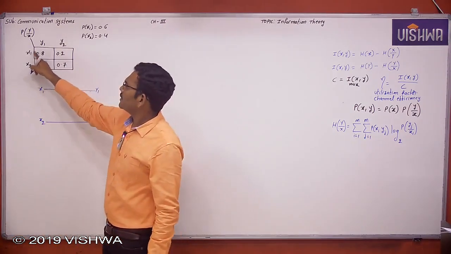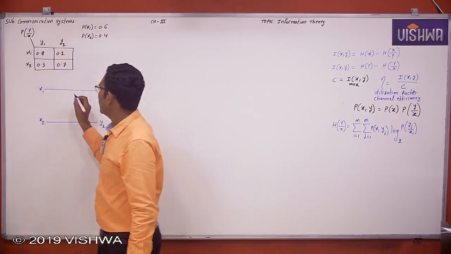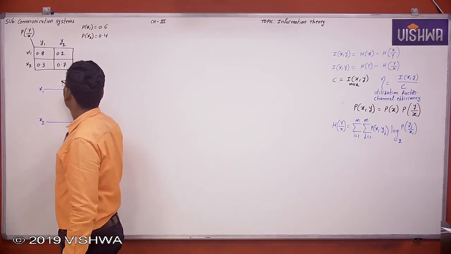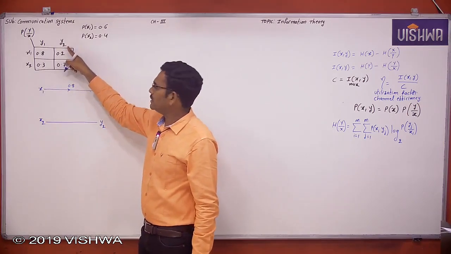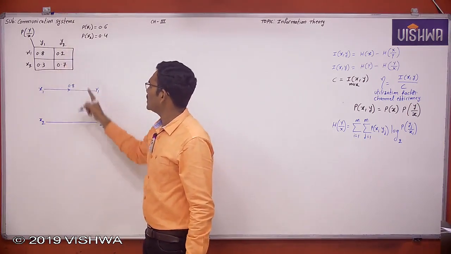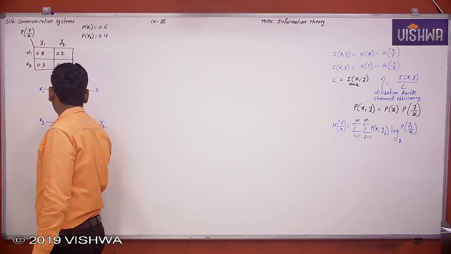When x1 is transmitted, y1 is received with a probability of 0.8. When x2 is transmitted, y2 is received with a probability of 0.7.